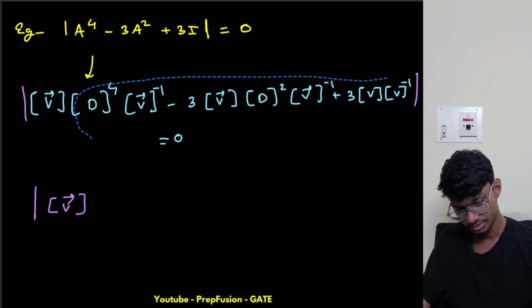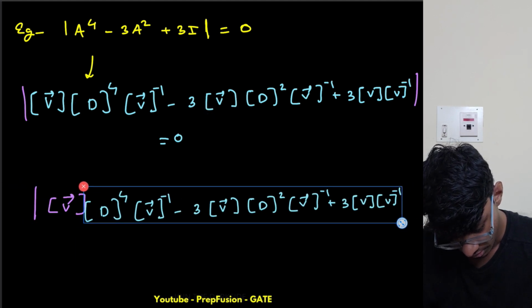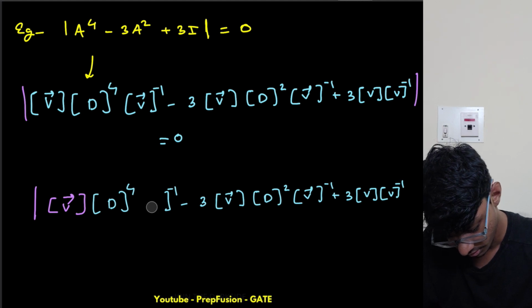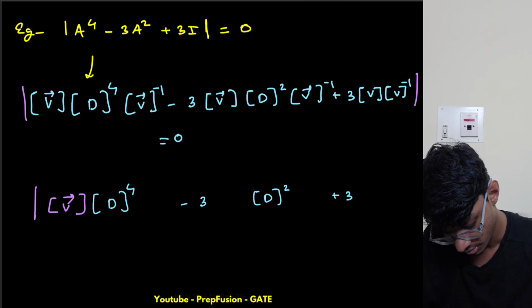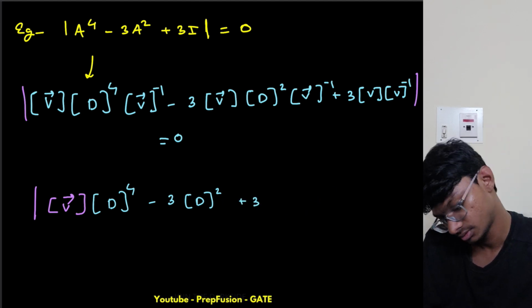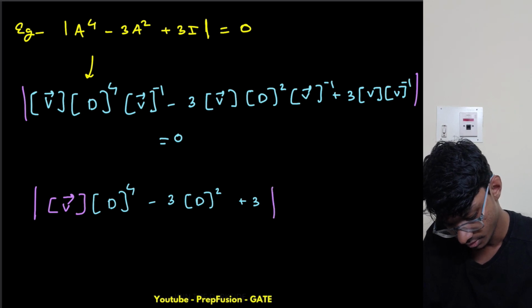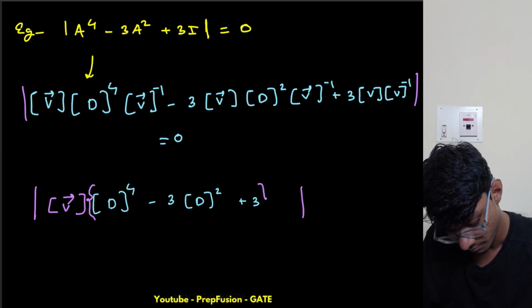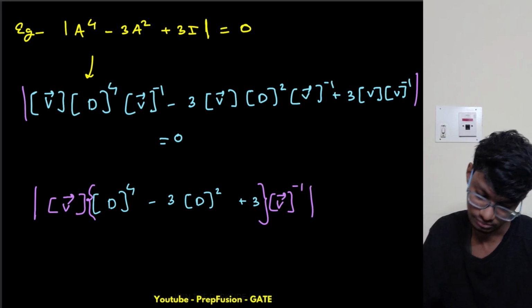And again this equation is the same, so I'll copy and paste this one. Let me write this here. Let me delete this and this, right? So this is coming here only, 3D squared, and this is the inverse, right?